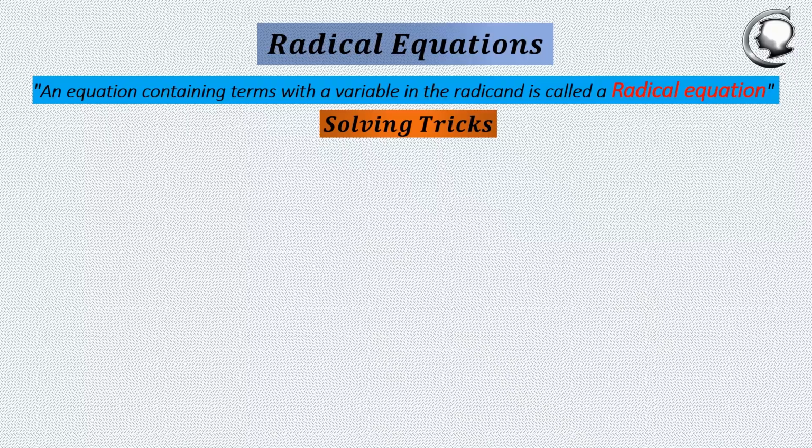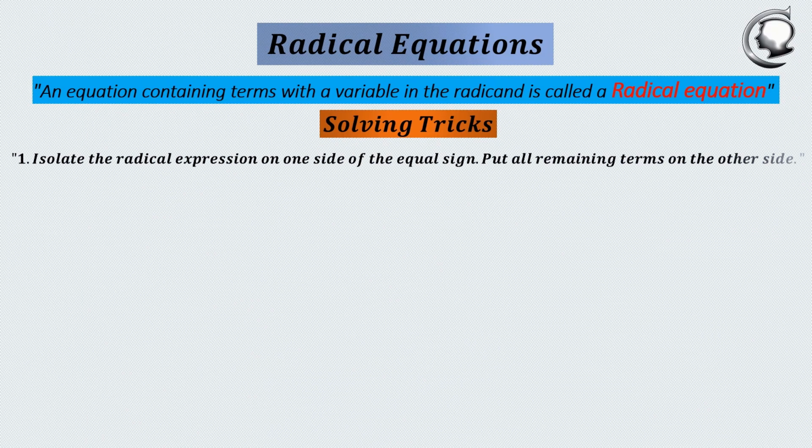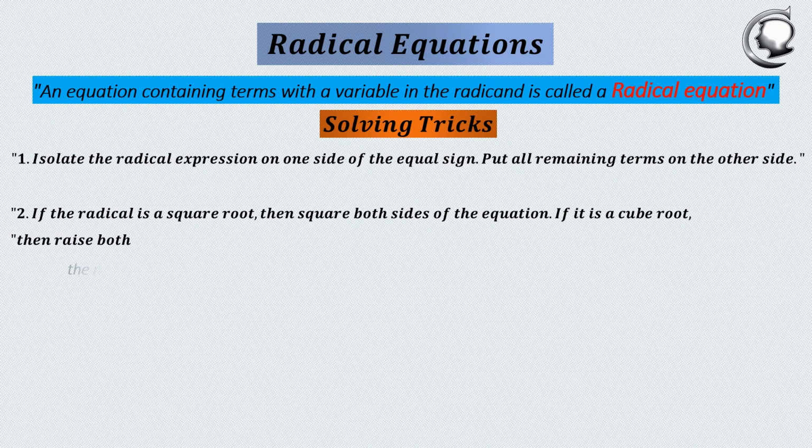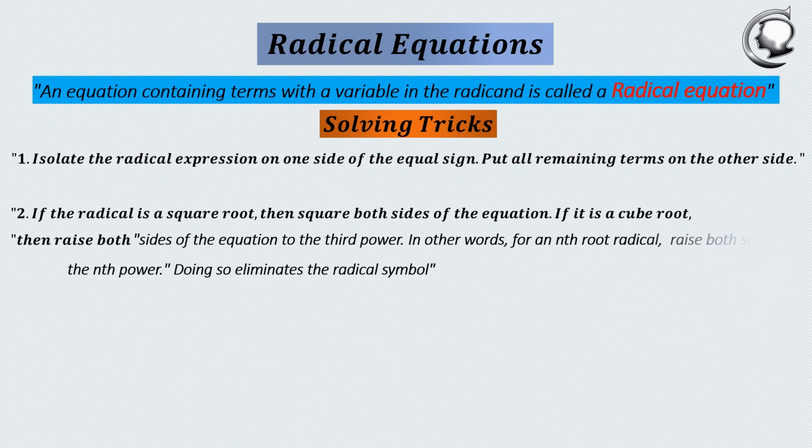A radical equation is an equation that contains a variable inside the radical, the expression under the radical sign. There are 5 steps I want you to remember. First, isolate the radical on one side of the equation. Second, raise both sides to the appropriate power.